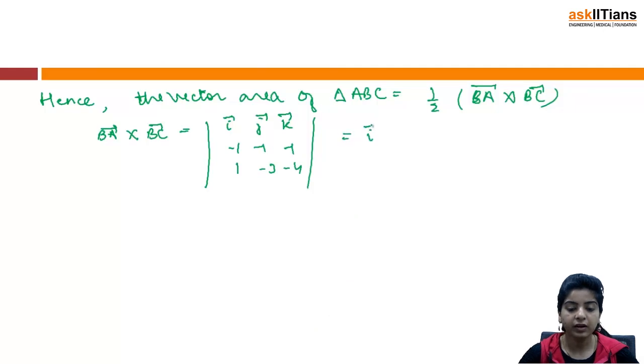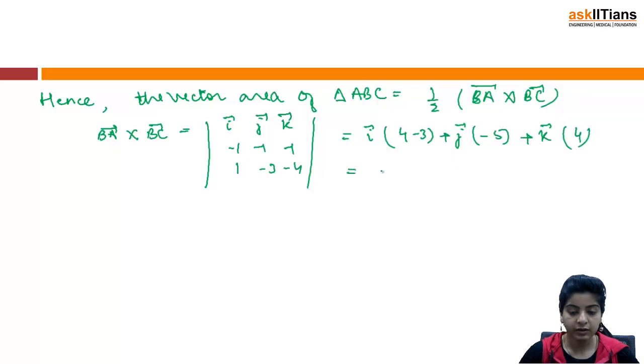Just try to expand. I have i into 4 minus 3 plus, if I take j, then I have 4 plus 1, that is minus of 5 it will become, and then I have k into 3 plus 1, that is 4. So this gives me i minus 5j plus 4k.